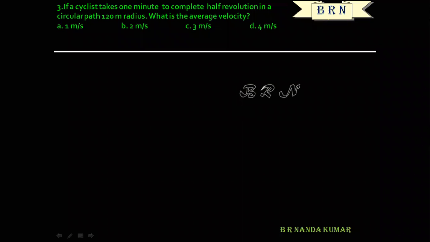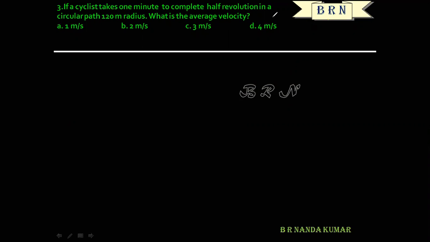Okay, the next numerical: if a cyclist takes 1 minute to complete one revolution in a circular path of 120-meter radius, what is the average velocity?